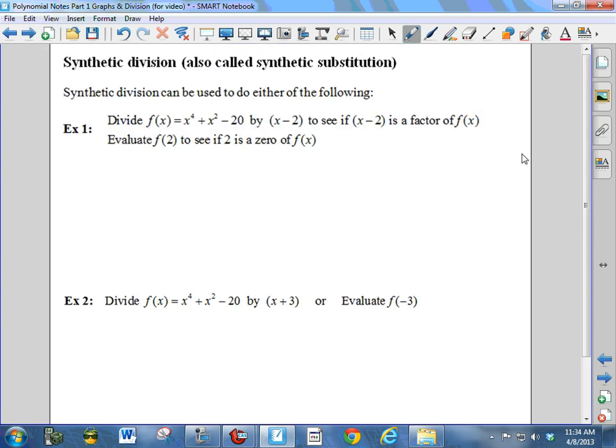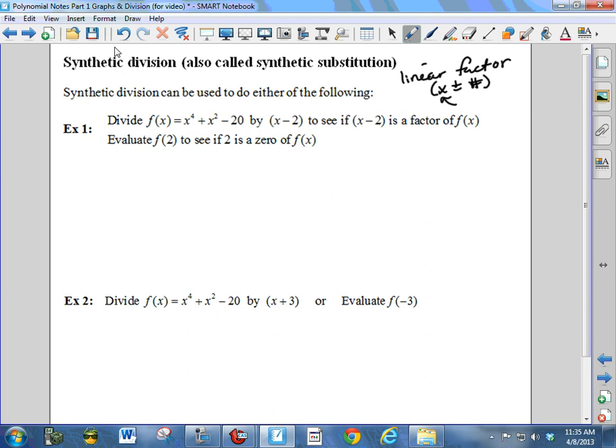Now the second part talks about synthetic division. Synthetic division is a shortcut. If we have a linear factor, which is in the form x plus or minus a number, with just an x to the first, then synthetic division is a faster way to do the division process.